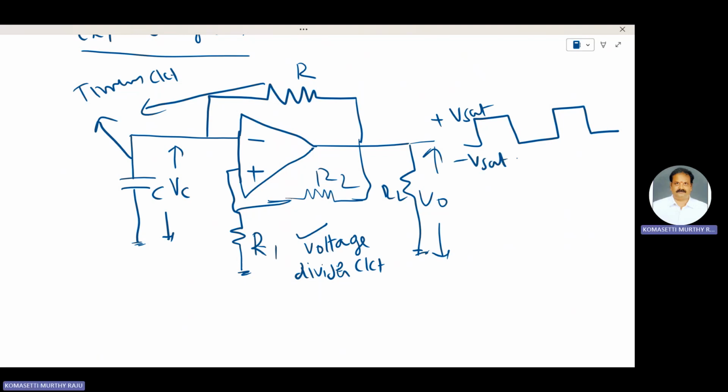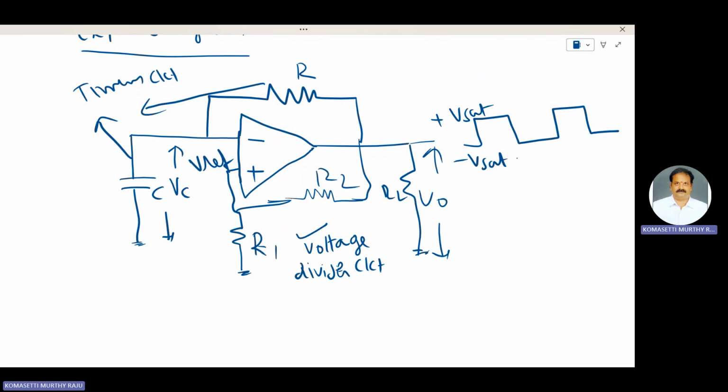Now we will see how to generate the square waveform. Here the voltage at the non-inverting terminal of the op amp is V reference.